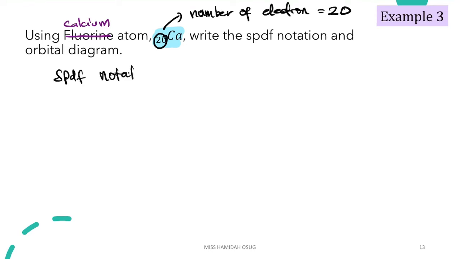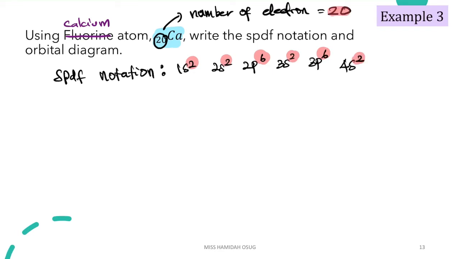So the SPDF notation for calcium atom is 1s2, 2s2, 2p6, 3s2, 3p6, 4s2. When we add 2, 2, 6, 2, 6, 2, the total is 20, the same as the number of electrons.